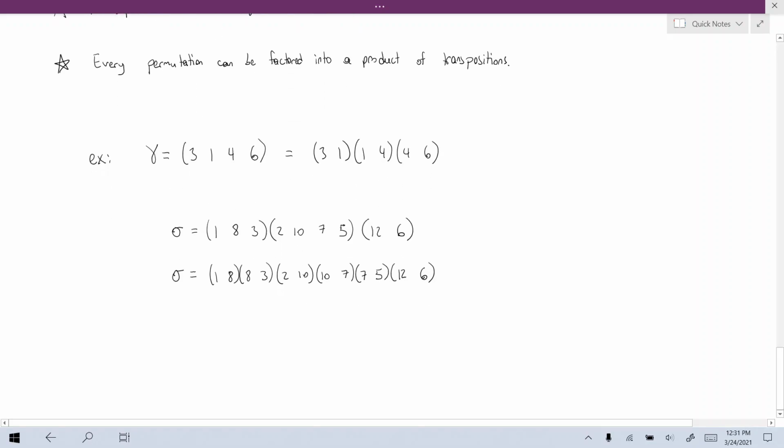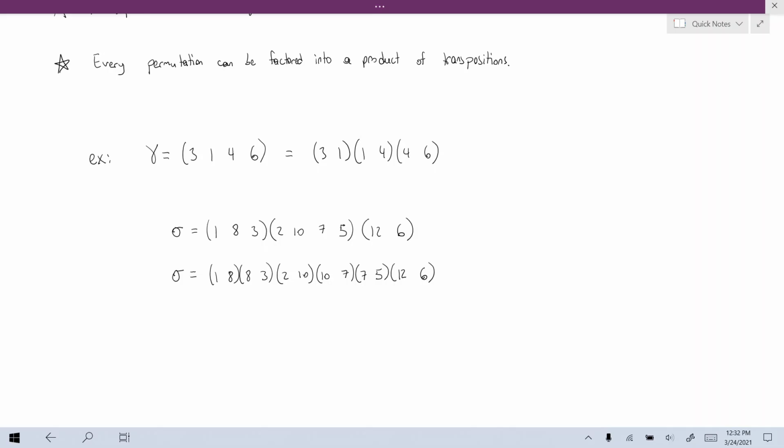Now, this is not the only way of factoring a cycle into transpositions, although I think it's the easiest way of doing so, personally. So the factorization into transpositions is not unique in the way that the factorization into disjoint cycles was. Okay?